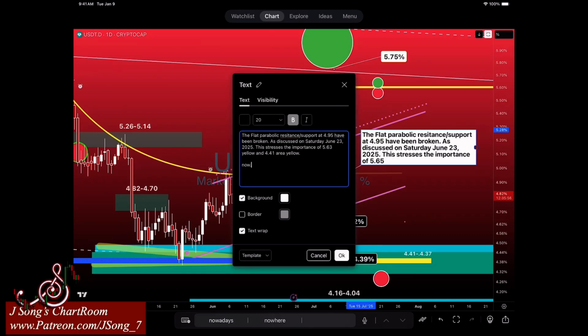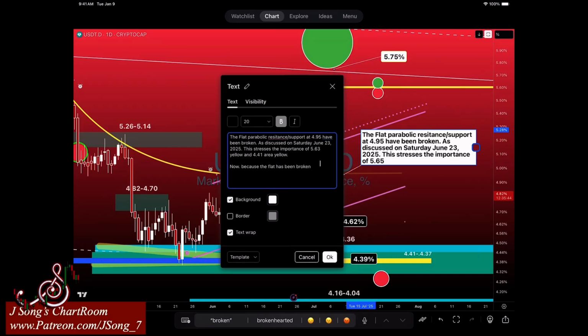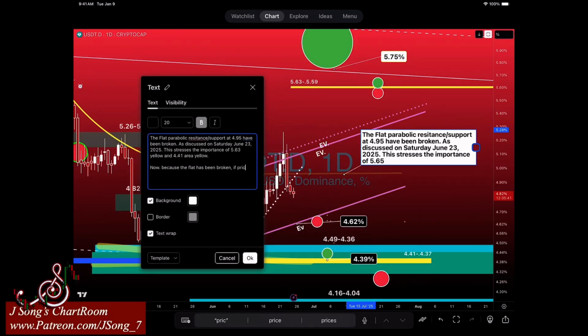Now, because the flat has been broken, if price rises, we will not be looking at 4.95 to be a strong resistance.